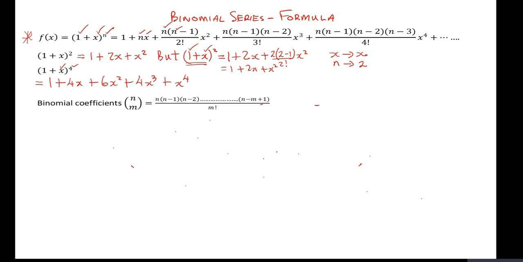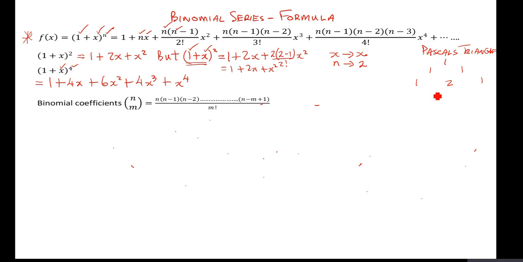Once again, you can check that by substituting into the formula. Now you could also use, in this case, I'm pretty sure many of you have come across Pascal's triangle, which is fine. If you start here and go 1 and 1, 1, 1, then you add, you get 2, but that's only to the square.